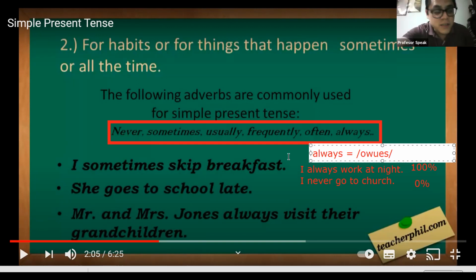You always visit? Visit the beach. Okay. Very good. And never? I never go to the mountain. Okay. You never go to the mountain. I always go to the beach. Instead of saying I always visit the beach, you say I always go to the beach.